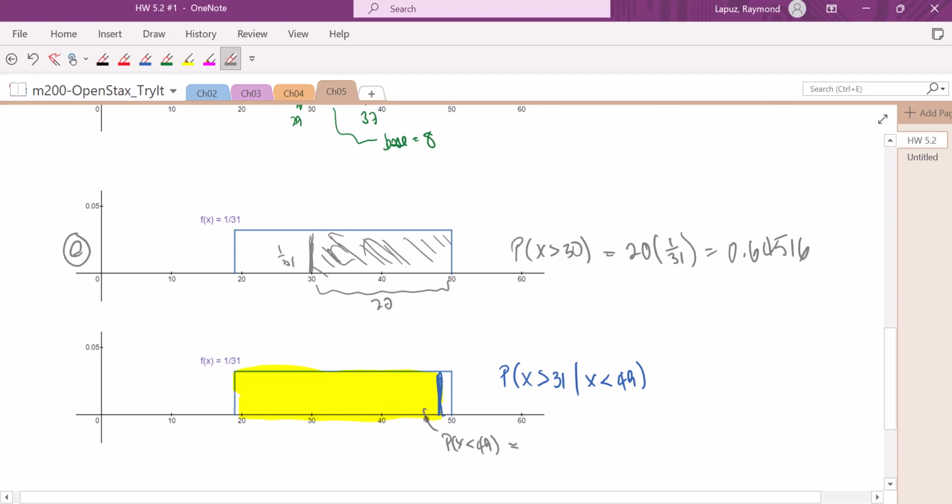So we can figure that out. This is 49 minus 19, that's 30. And then we have 30 divided by 31. Let's make that clear here. The base is 49 minus 19, and then the height is 1 over 31. So this is 30 divided by 31, which is 0.9677.